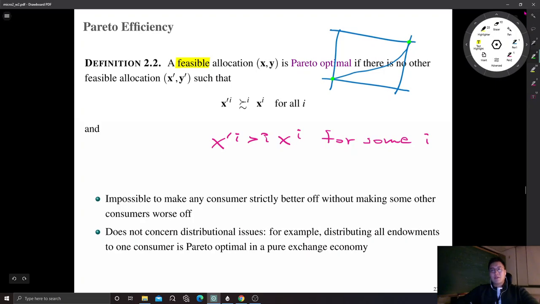This is the origin for consumer A, and this is the origin for consumer B. So this allocation means all endowments are allocated to consumer B, and this is all endowments allocated to consumer A. Even that extreme allocation is Pareto efficient, because if we move that allocation to the other consumer, then that consumer will be worse off. So this notion of Pareto efficiency has nothing to do with distribution issues.